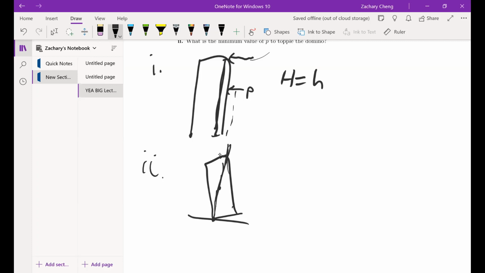And the moment the domino moves beyond this line, then it falls. So we just want to deliver an impulse at height h. We just want the impulse to be large enough so that it can get to this state.